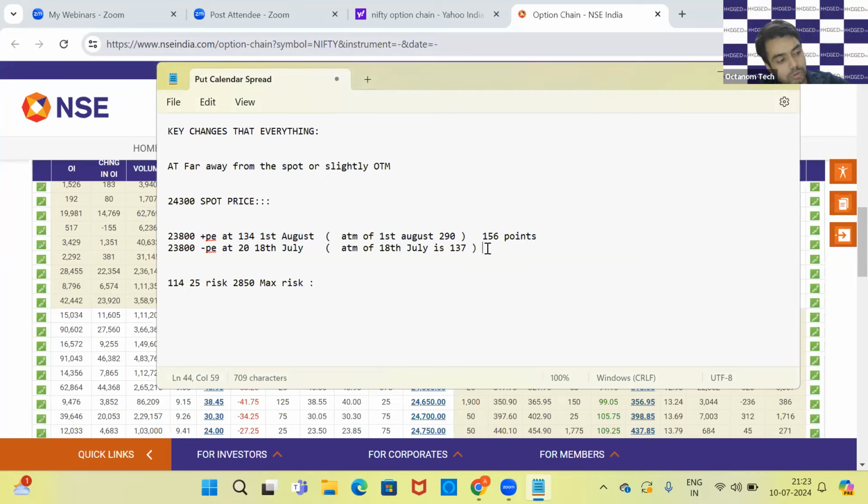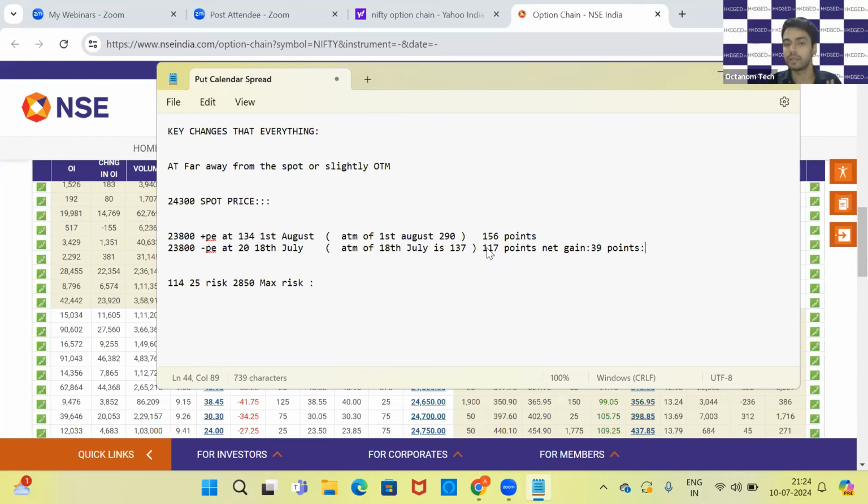So I'm going to lose 137 minus 20. I'm going to lose 117 points over here. My net gain will be 156 minus 117. 39 points will be my net gain.